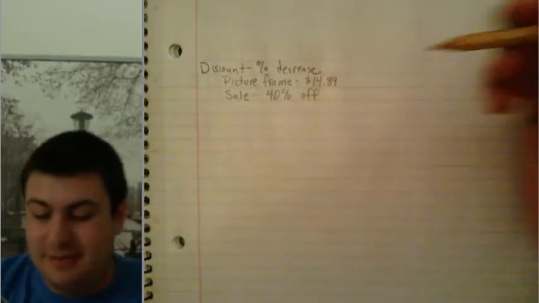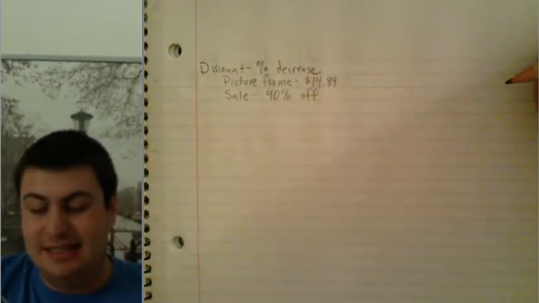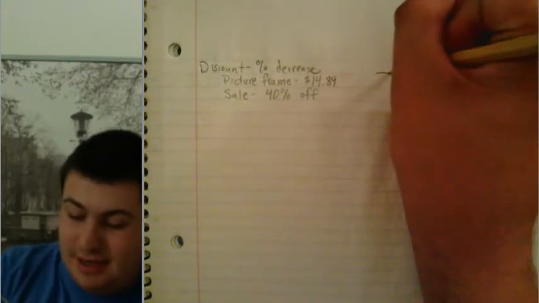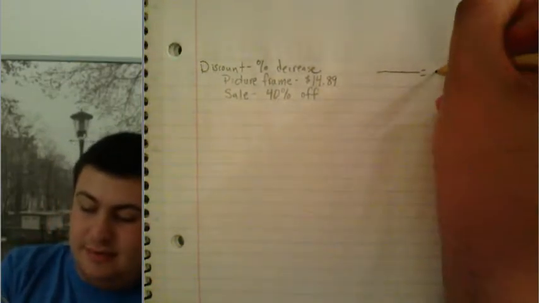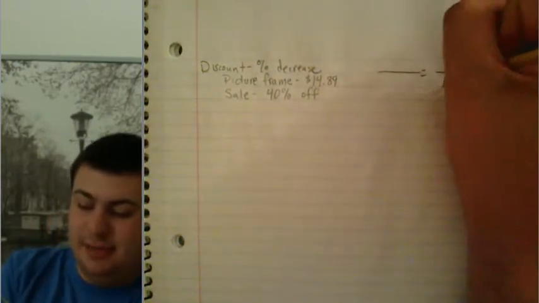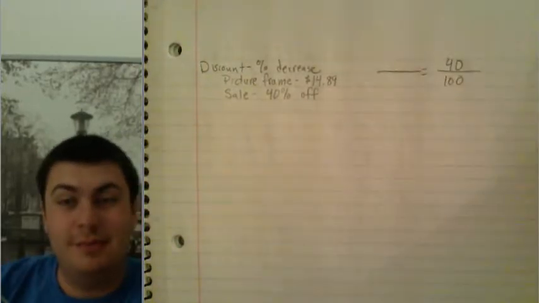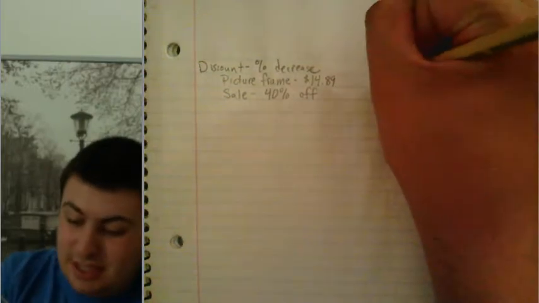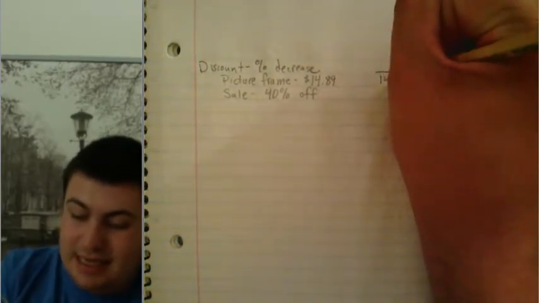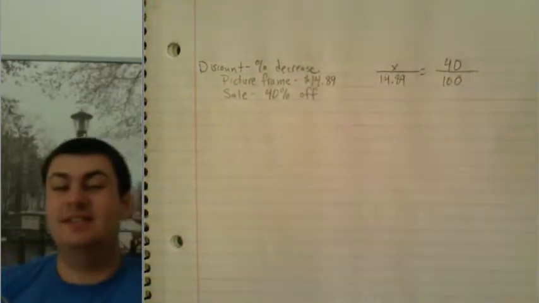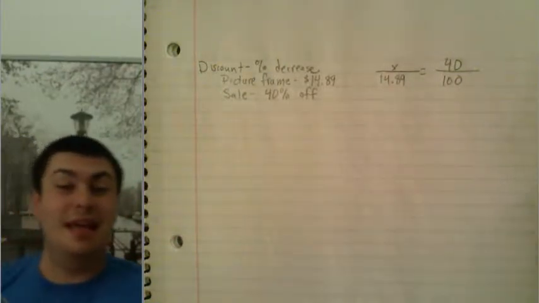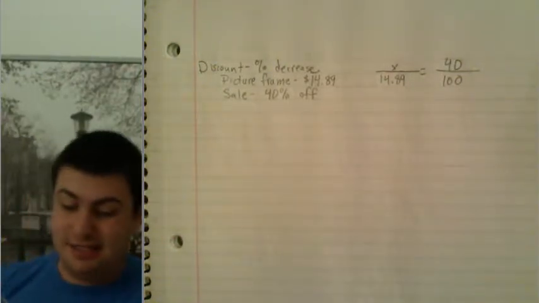If our picture frame costs $14.89 and we get it for 40% off, let's see what our new cost is going to be. Our discount, our percent, is 40% off. The original cost is $14.89, and we're looking for the change so that we can then figure out what our new cost is going to be.